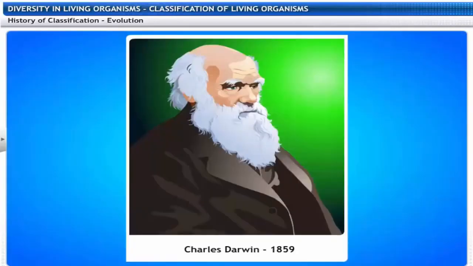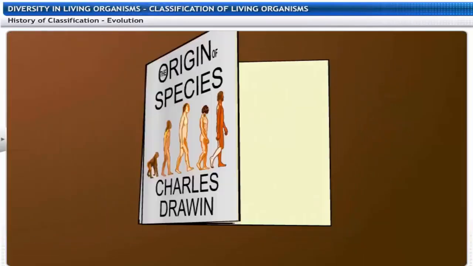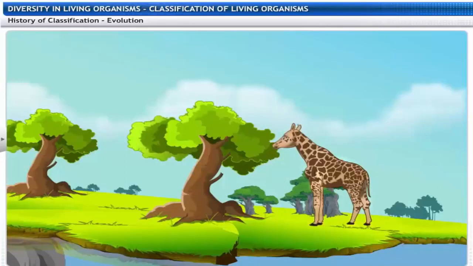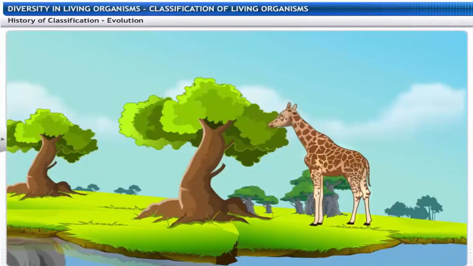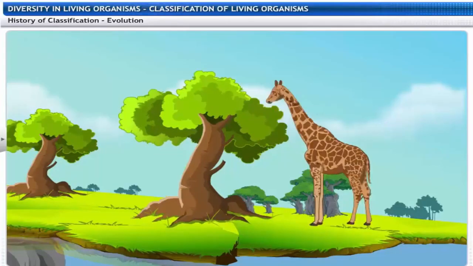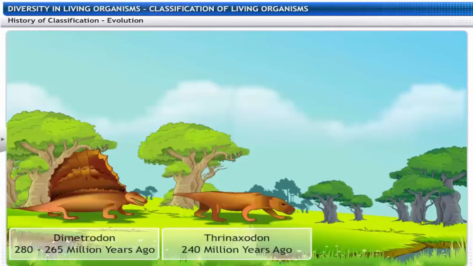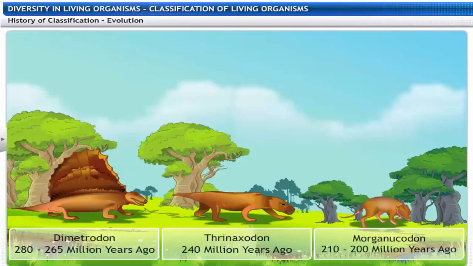It was Charles Darwin who put forward the idea of evolution in 1859 in his book, The Origin of Species. Most life forms that we see today have evolved to survive better. Hence, classification of life forms is closely related to their evolution.